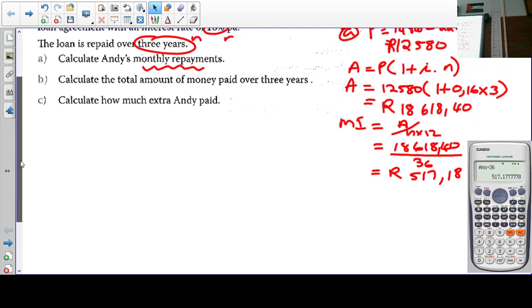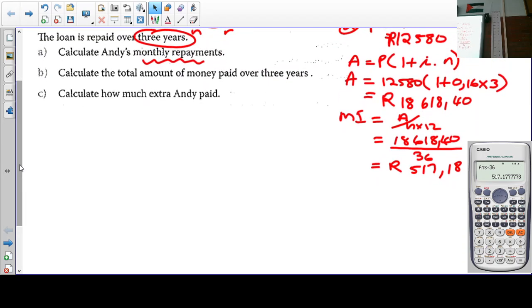Let's look at the B part of the question. B says, calculate the total amount of money paid over 3 years. The total amount of money paid over the 3-year period.